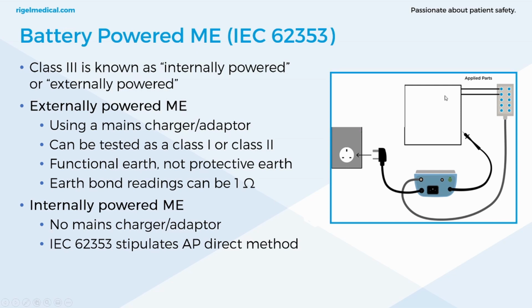But we need to realise that this device has applied parts that could potentially be connected to the patient. So very low levels of current could be flowing to the patient. This is why this test is quite important for battery powered equipment. It just ensures that if there are any fault conditions where mains or another source is applied, a patient still has a form of protection against electric shock.